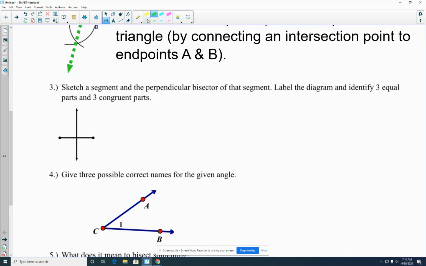First thing I'm going to label is this point right there. Then maybe green. There's a point right there. And I'm going to label that point M, because that's going to be my midpoint.